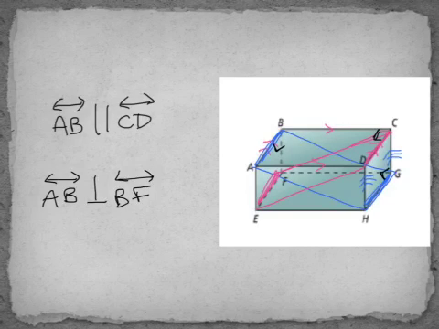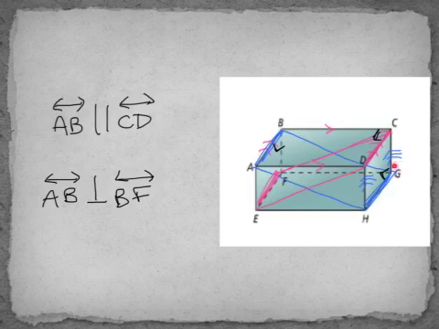This information would be given to you on a test, though. So line AB is perpendicular to line BF. Line AB is also perpendicular to line AE. And talking about that blue plane which we just drew through the center, line AB is also perpendicular to line AH, and it's also perpendicular to line BG. We can do the same thing for line CD.